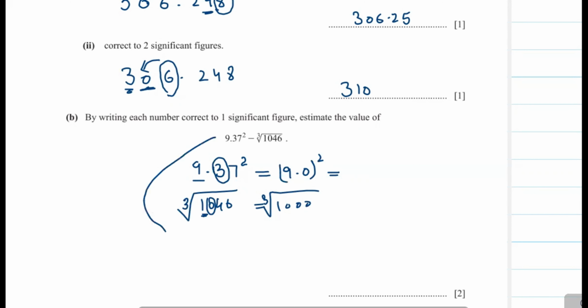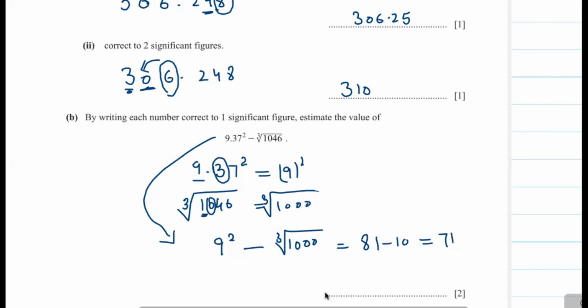Now 9 square minus the cube root of 1000, that is equal to 81 minus cube root of 1000 is 10, so the value is 71. That is the answer.